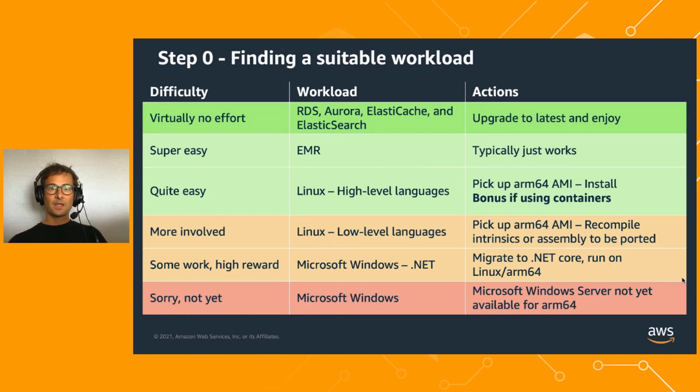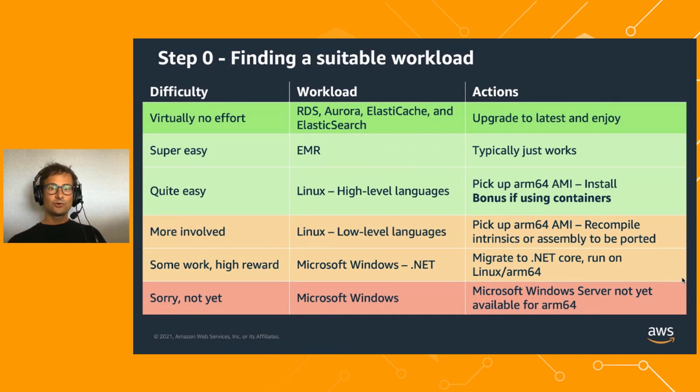Another workload that is also a really good target, slightly more involved, is if you have anything running on top of Microsoft Windows, leveraging the .NET framework. You have the ability to move those applications to .NET Core to remove the dependencies with the Windows operating system and run that on Linux.